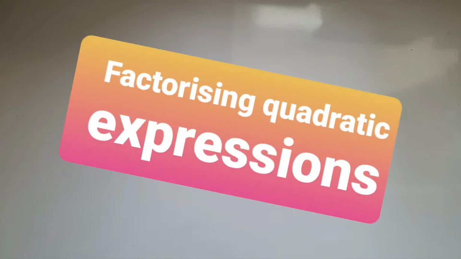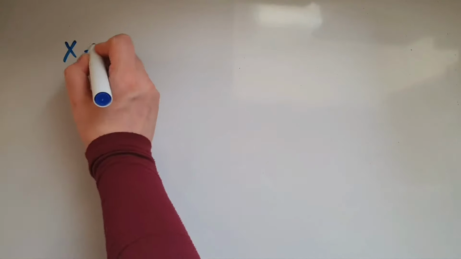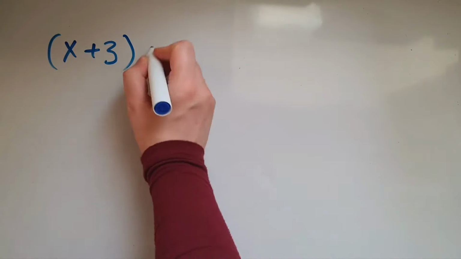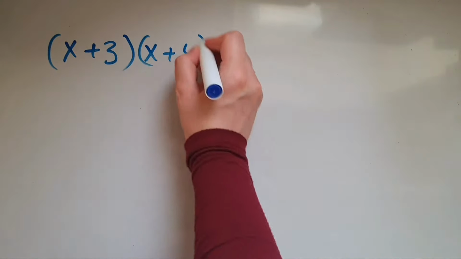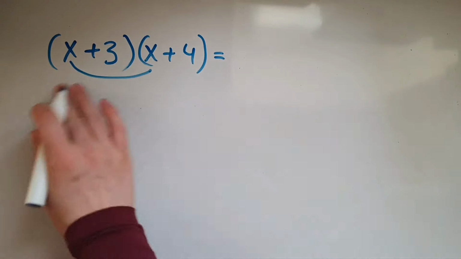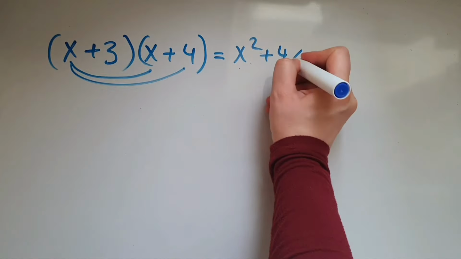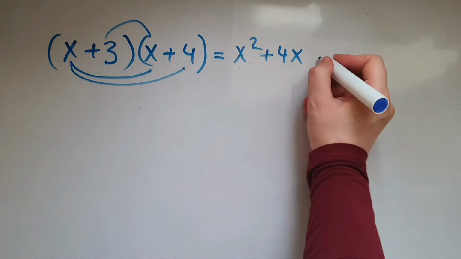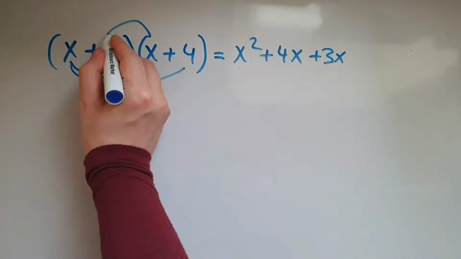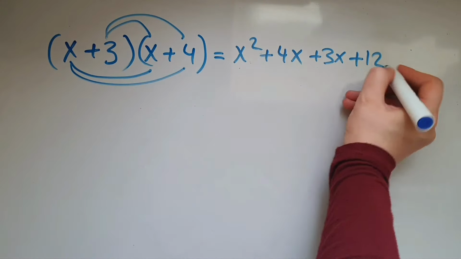In this video, learn about factorizing quadratic expressions. To help us with this, we'll just recap a bit. When we did the expansion of two brackets, we multiplied x by x to get x squared, x by 4 to get 4x, 3 by x to give us 3x, and 3 by 4 to give us 12.